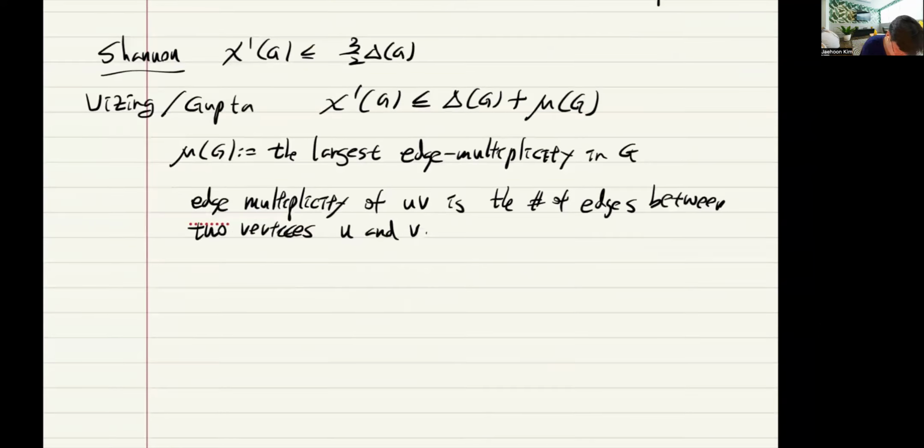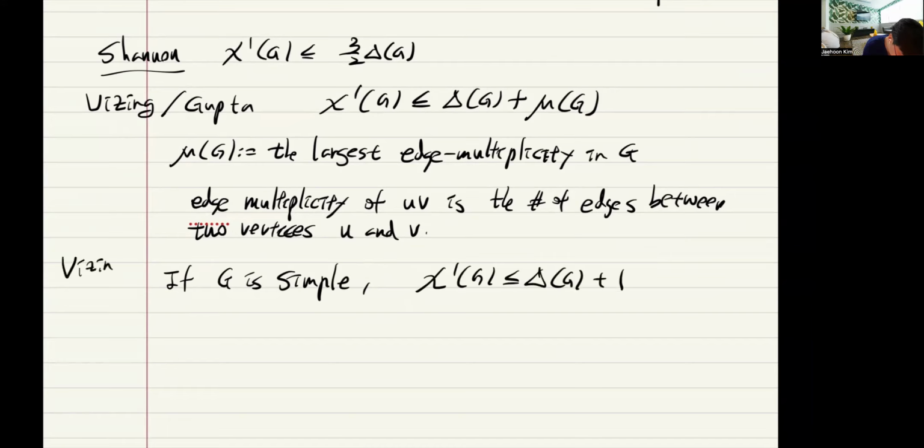What do you know? This shows that if G is a simple graph, then its chromatic index is at most delta plus 1. This is called Vizing's theorem.